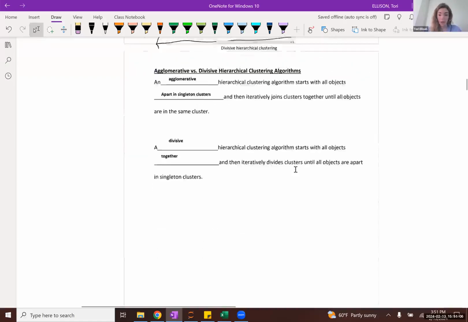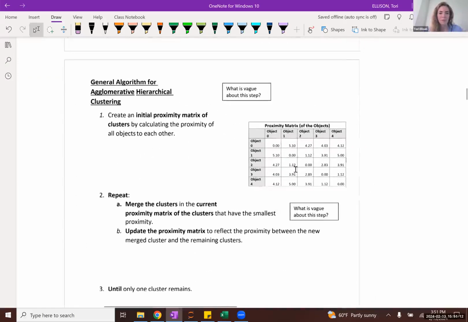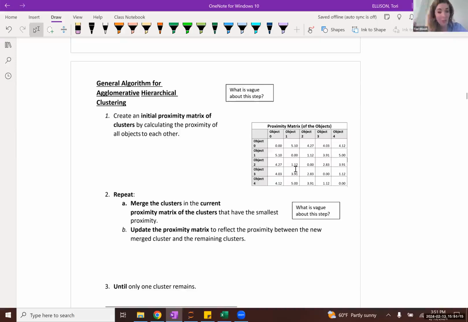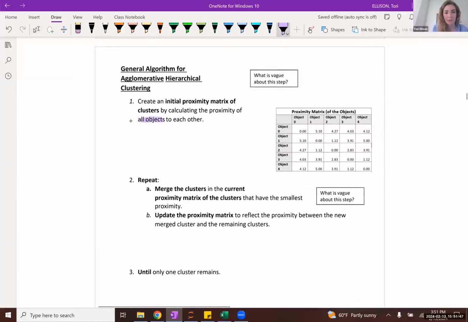This is the general way in which an agglomerative hierarchical clustering algorithm works. But now we're going to get into a more fleshed out template for how it works. This type of algorithm tends to have three main steps. As I'm describing each of these steps, try to think about what's vague about how I'm stating them. The first step is to create an initial proximity matrix of clusters, simply by creating a proximity matrix of all pairs of objects to each other.